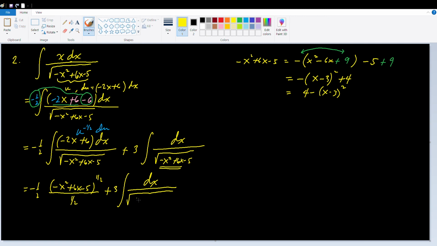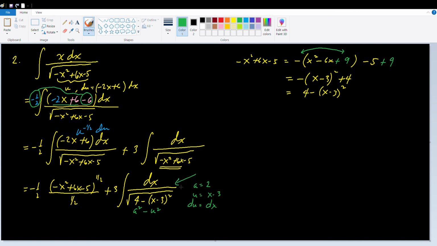So we write it here, 4 minus x minus 3 squared. And we see that the radicand takes the form a squared minus u squared, where a is 2 and u is x minus 3. du is equal to dx.